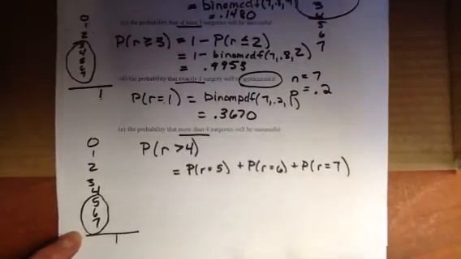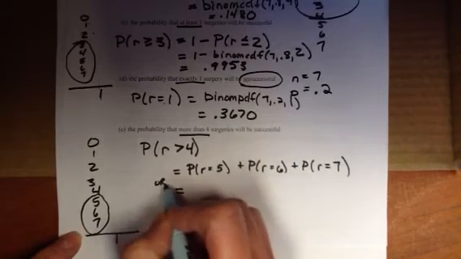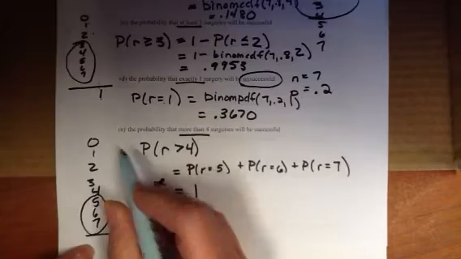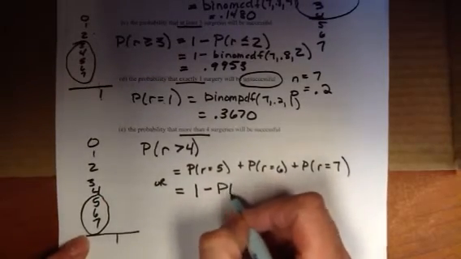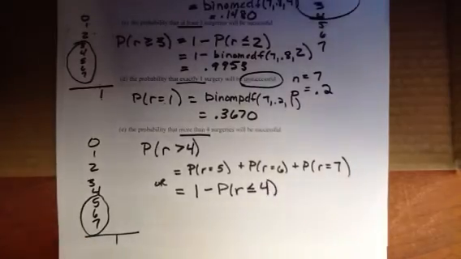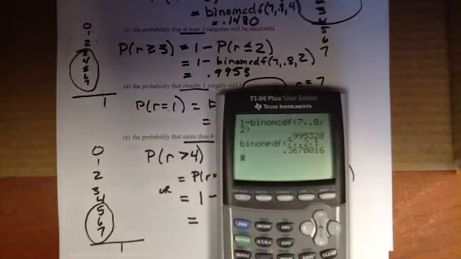So I could use the PDF and do all those, or either one is fine. I can use the complement, 1 minus what I do not want: 1 minus probability that R is less than or equal to 4. So I'm going to go ahead and use the complement.